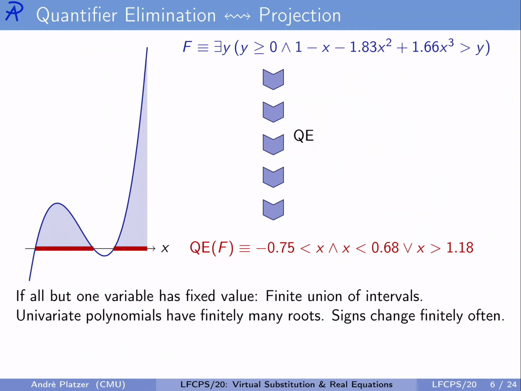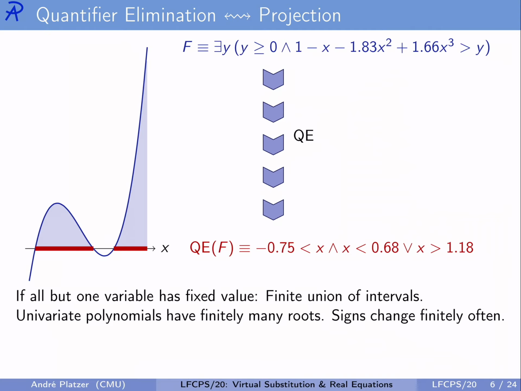In fact, observe if all except one variable already has a fixed real arithmetic numerical value, then the only thing you're dealing with in here are univariate polynomials, polynomials that only mention one variable.